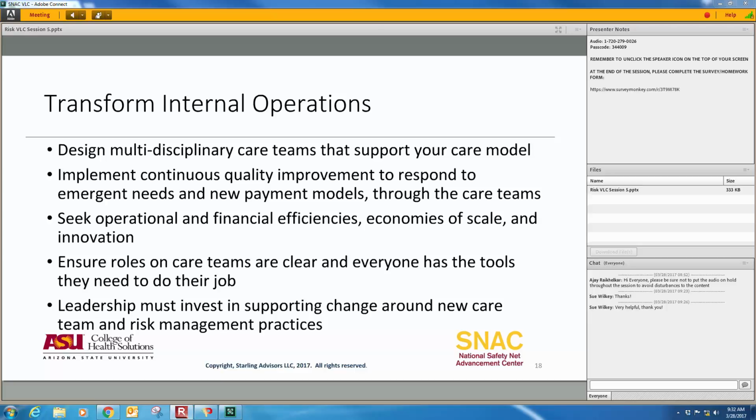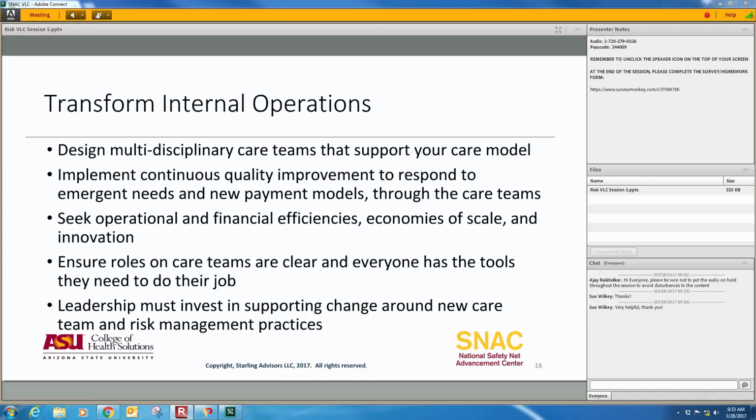Constantly looking at different quality improvement efforts to really identify how the needs of the patient population, the care model, and payers are changing what the care team needs to be thinking about. We know this is an incredibly dynamic environment. It's probably only going to get more dynamic as we march into the future with everything going on with changes at the national level.